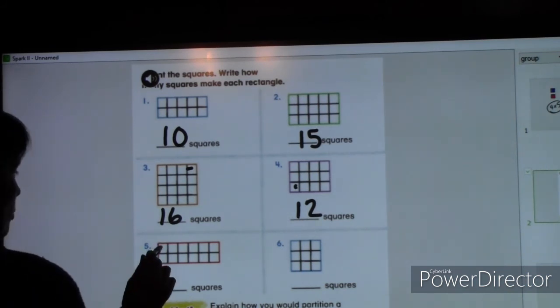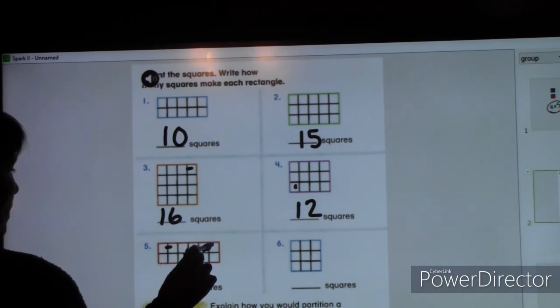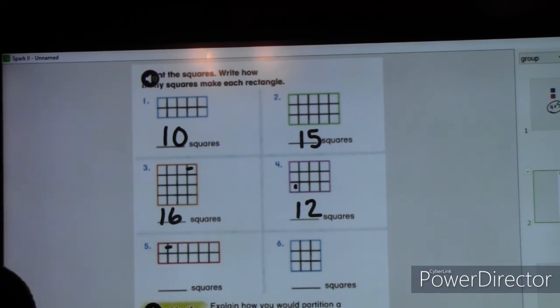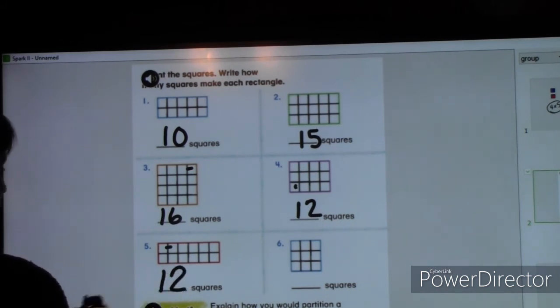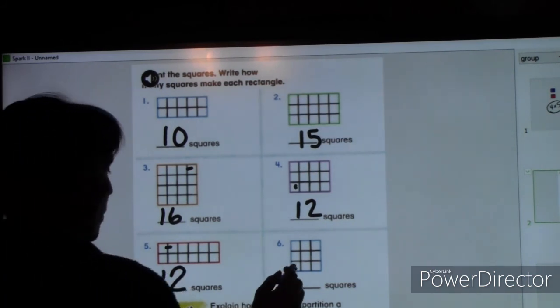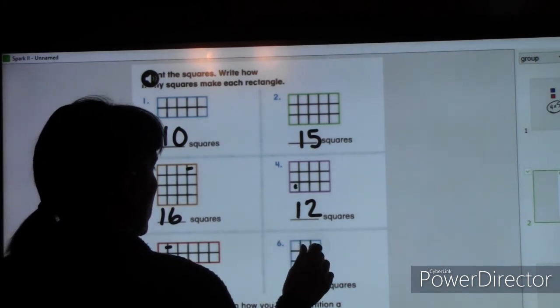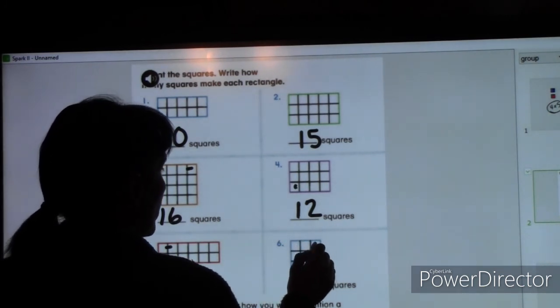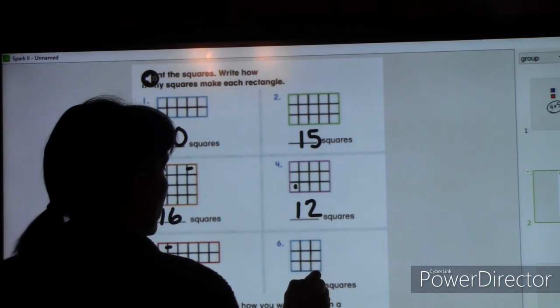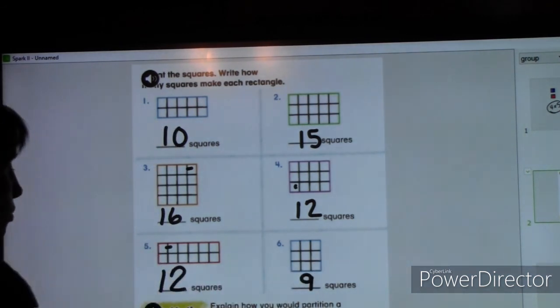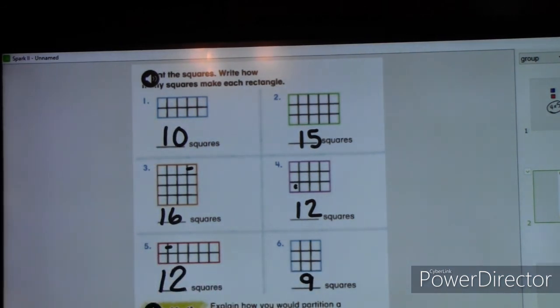Number 5. There's 1, 2, 3, 4, 5, 6 squares in a row. 6 plus 6 equals 12. And our last one, number 6, has 1, 2, 3 squares in a row. I'm going to count by threes. 3, 6, 9. You could also count those individually if you wanted to.